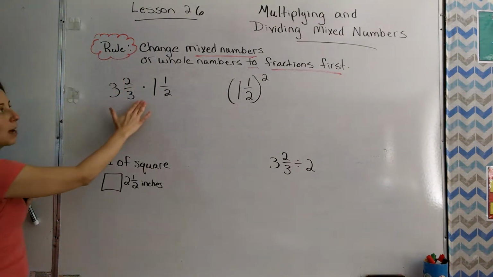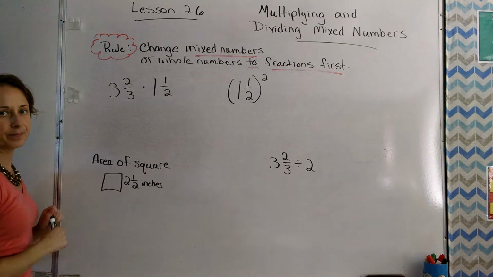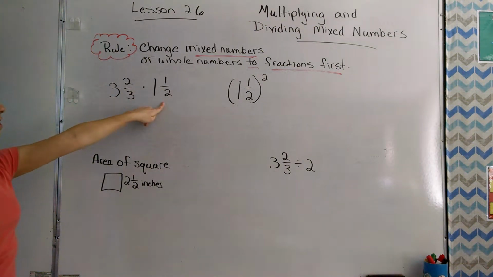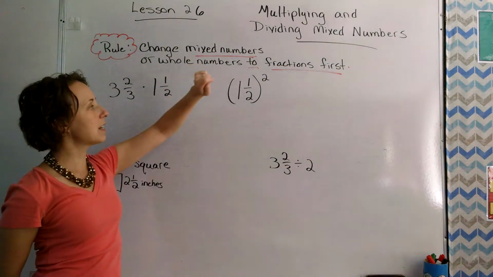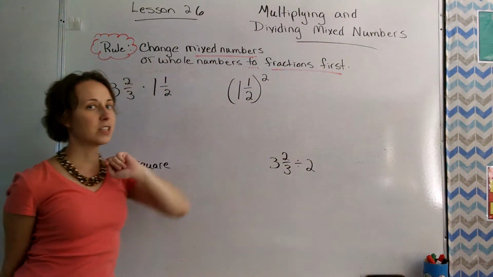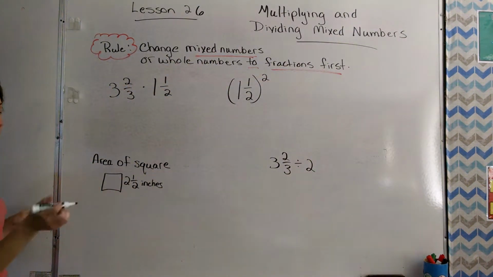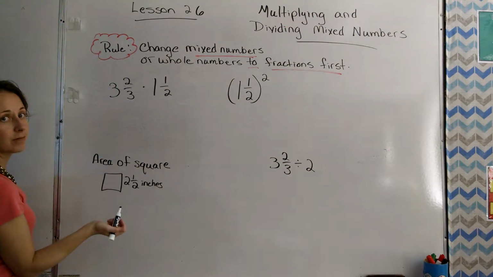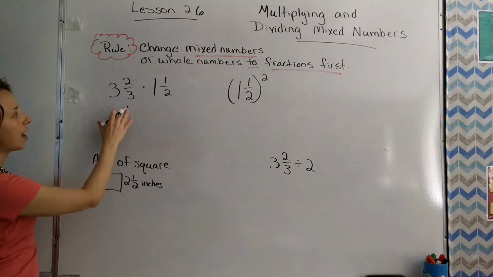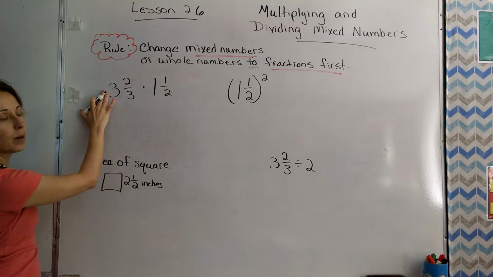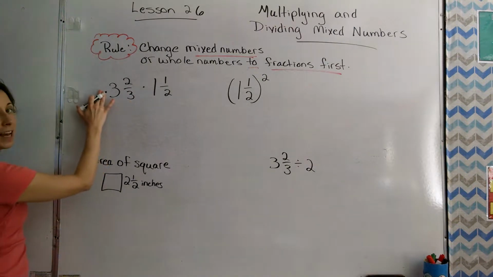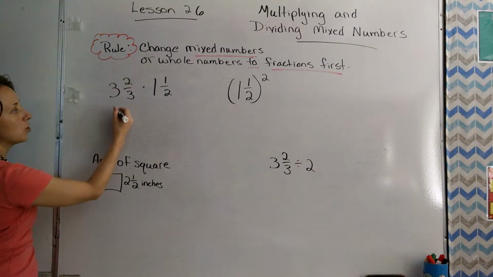3 2/3 times 1 1/2. First thing I need to do, since I'm working with fractions, I want to change any mixed numbers or whole numbers into fractions first. So we're going to change this mixed number into an improper fraction. As you remember from class, you multiply times the whole number and then add on the numerator. 3 times 3 is 9, plus 2 is 11.